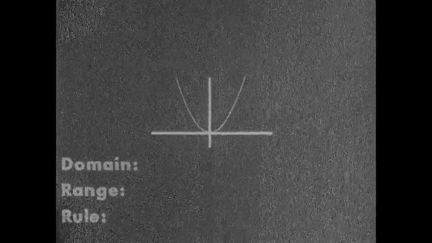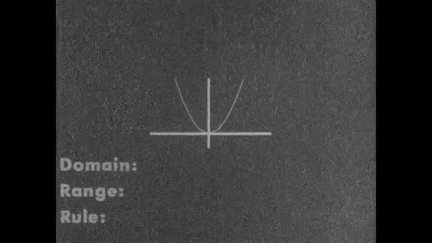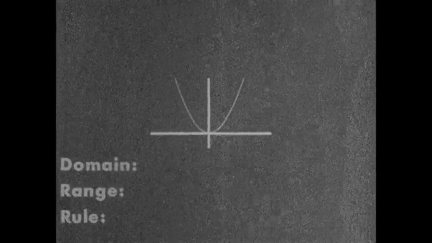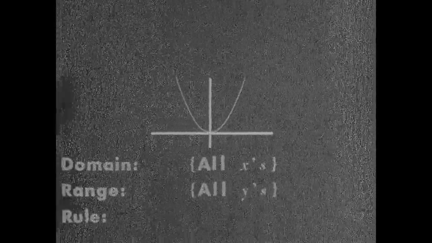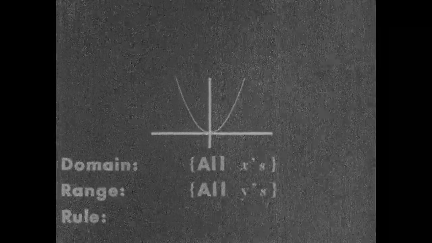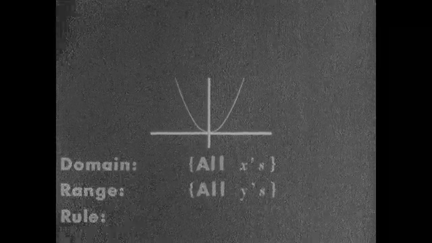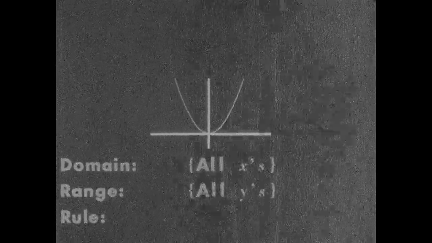The language of sets helps to clarify the meanings of these three words. Domain and range are clarified because they are sets and should be thought of as sets. Because the rule is not a set and the function is a set, we can no longer confuse the two.